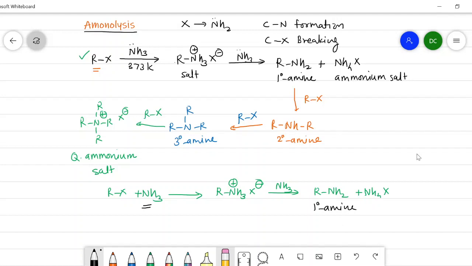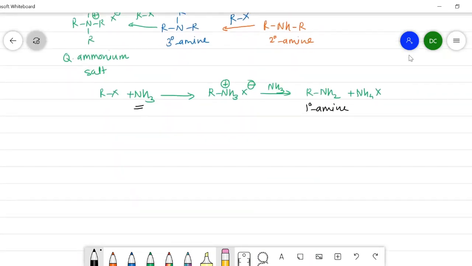We will see the reactivity order of alkyl halides in ammonolysis. Here I will write different alkyl halides: RI, then RBr, then RCl. If we consider the structures of RI, RBr and RCl, there is a carbon iodine bond, a carbon bromine bond and a carbon chlorine bond.